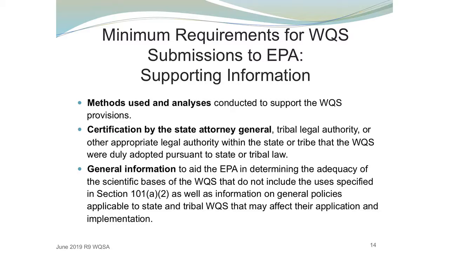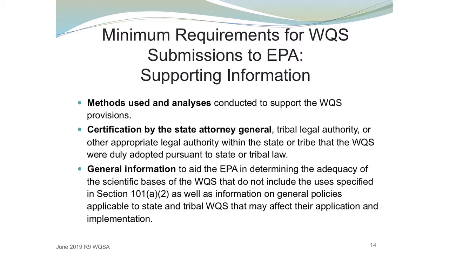Okay. So what are the minimum requirements for submitting a water quality standards package to EPA? You need to provide the methods used and the analyses conducted to support the revisions, or in this case, provisions. A certificate from the Attorney General or the tribal legal authority or other appropriate legal authority within the state or tribe that the standards were duly adopted pursuant to state or tribal law, which in this case, in California, is the Office of Administrative Law.